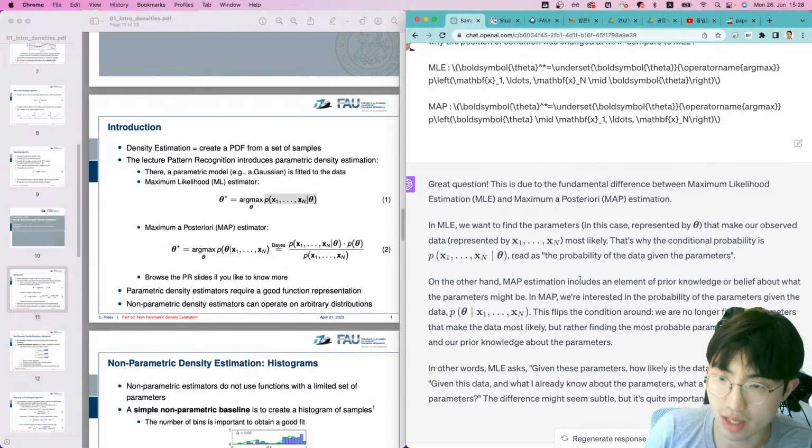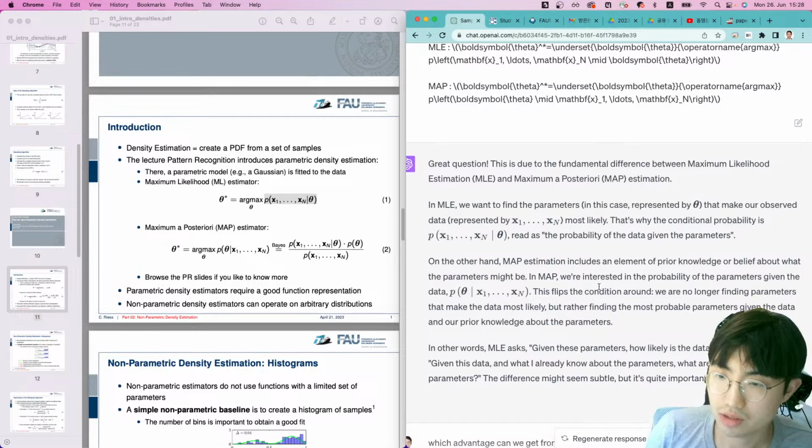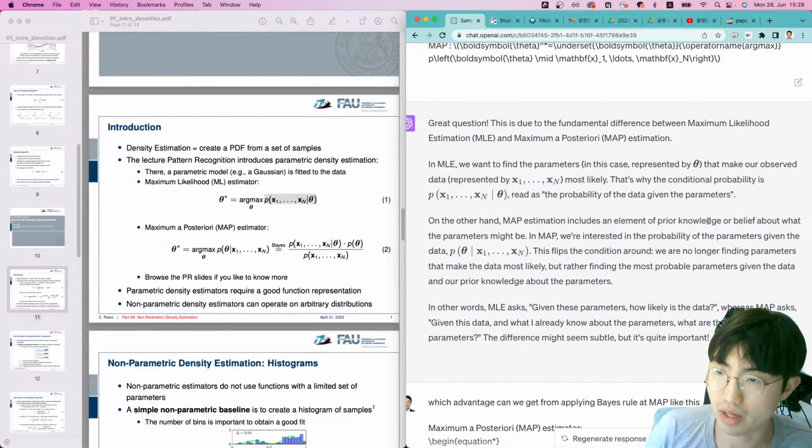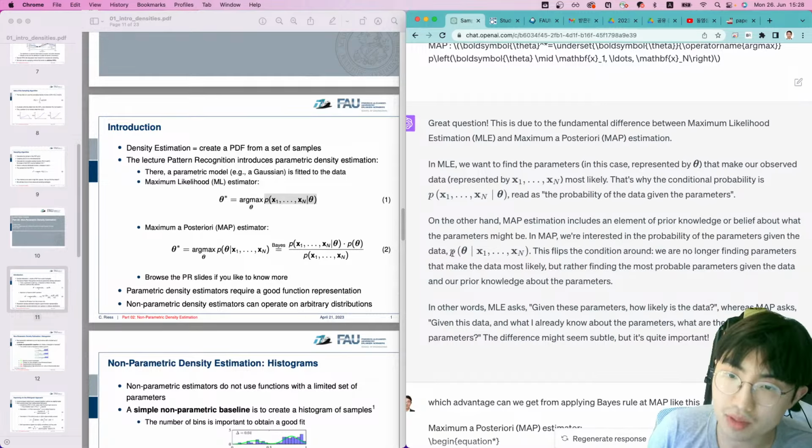On the other hand, MAP estimation includes an element of prior knowledge or belief about what the parameters might be. In MAP, we are interested in the probability of the parameters given the data. Given the data, we want to estimate the recipe, which is the parameter, so we want to maximize this probability. This flips the condition around.